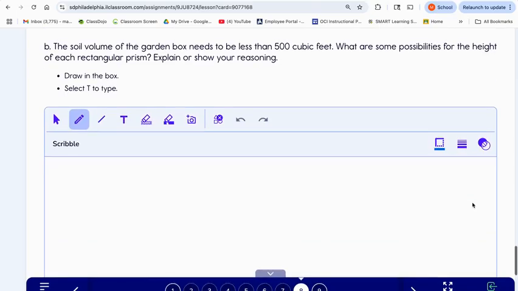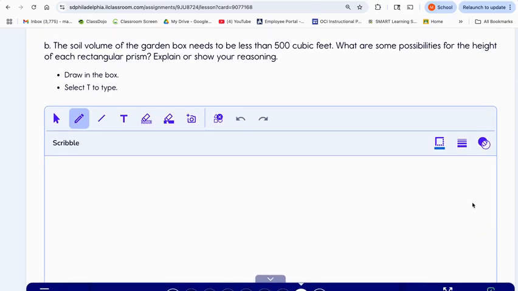The second part of the problem tells me that the soil volume needs to be less than 500 cubic feet. I want to make a note of this important information.